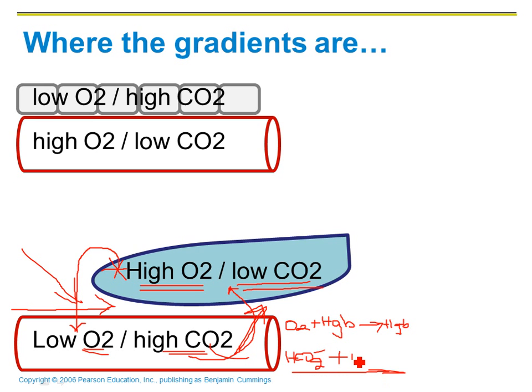So the bicarbonate combines with that H+ and makes carbonic acid, which comes apart into water and carbon dioxide, which diffuses across the respiratory membrane to the alveolus, and we exhale it. So because you're always pulling CO2 out, we drive the reaction in this direction. So that's how we're going to deal with most of the CO2.